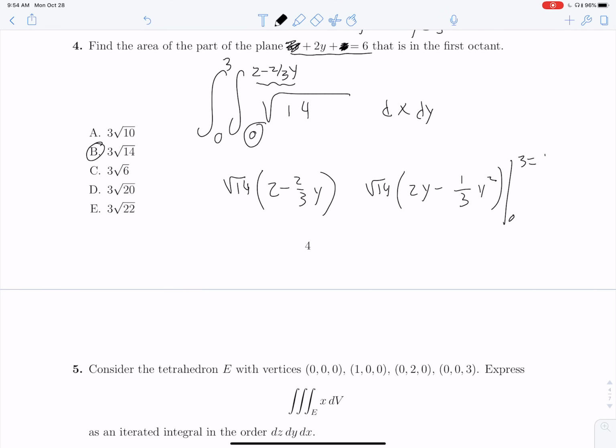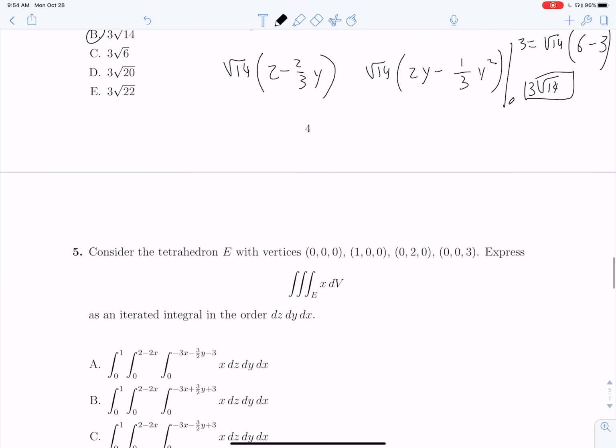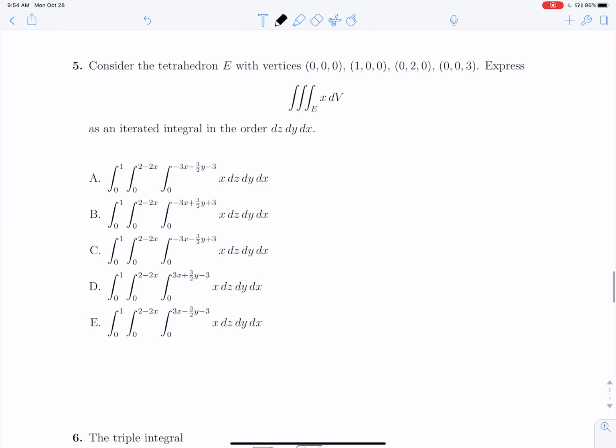That is going to be root 14 times 6 minus 1/3 of 9, which is going to be 3. And so root 14 times 3 is our answer. And there we go.